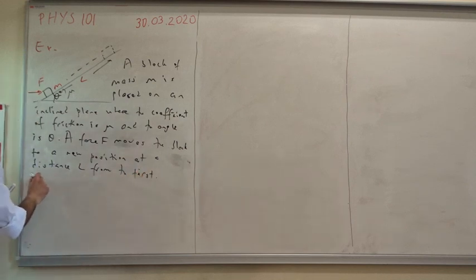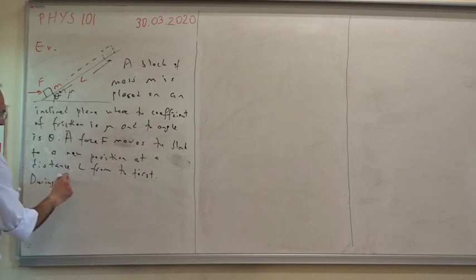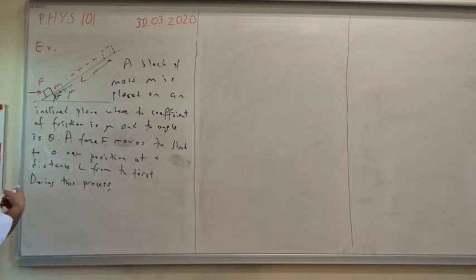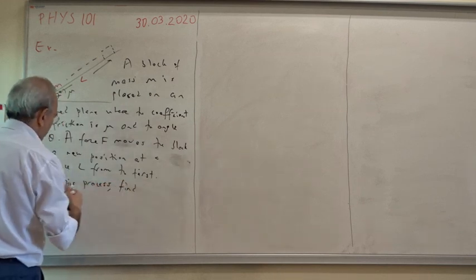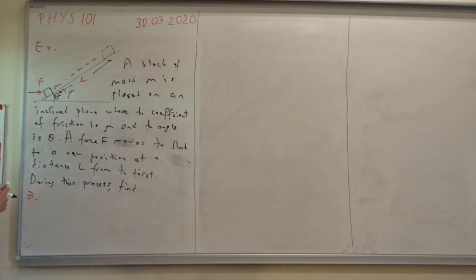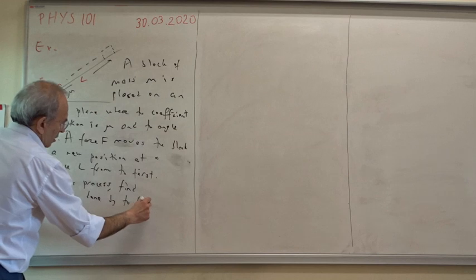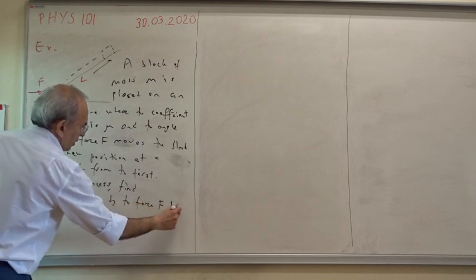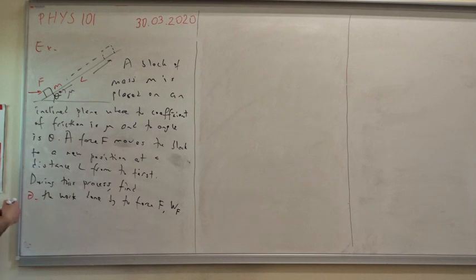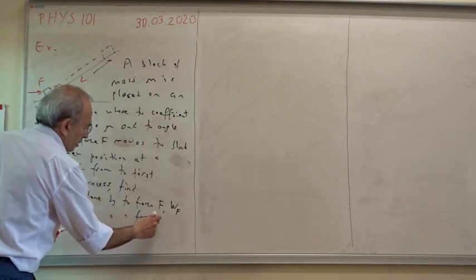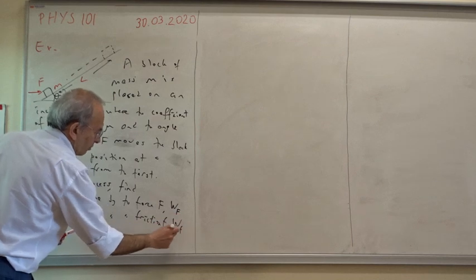During this process, find A, the work done by the force F, which is W sub capital F. The work done by the friction little f, which is W sub little f.